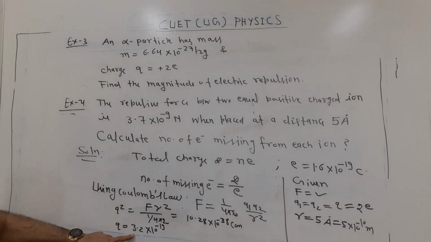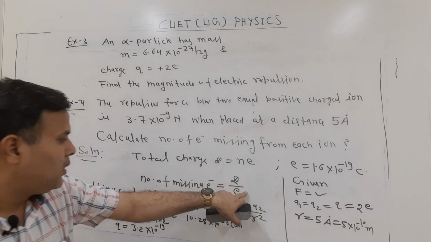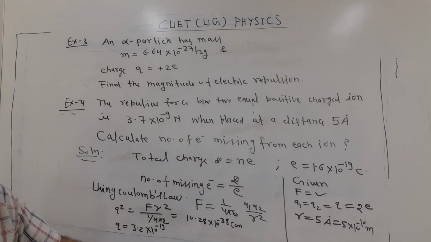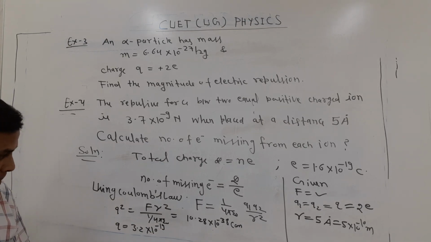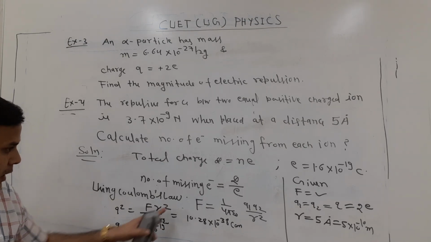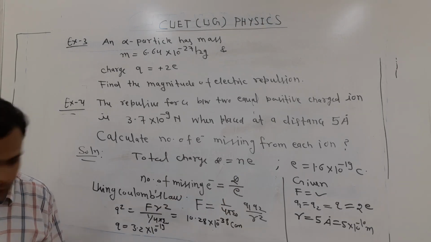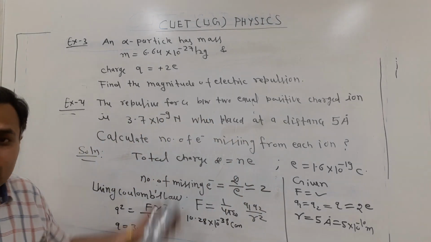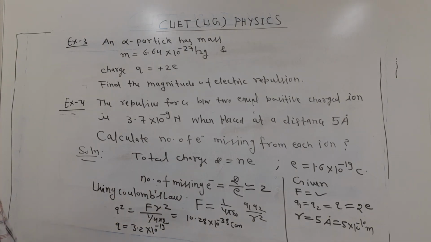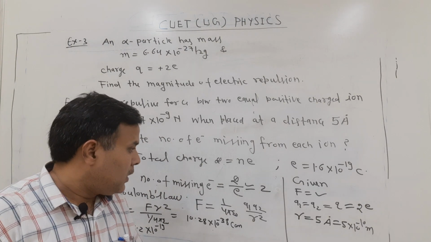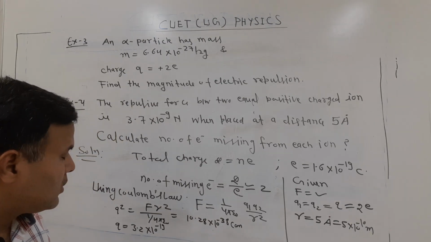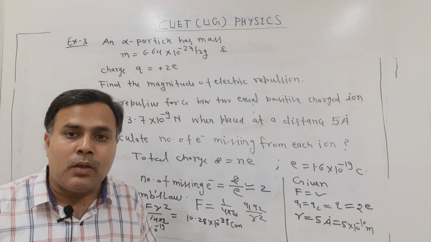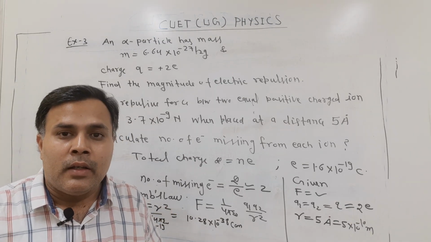Once we have Q, we can easily find the number. Just do it and you will get the number of missing electrons, roughly of the order of 2. This is the way to apply Coulomb's law to solve different types of situations. In some situations we are given Q1, Q2 and separation distance.